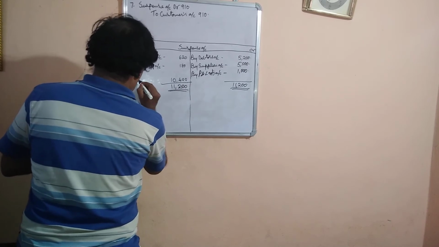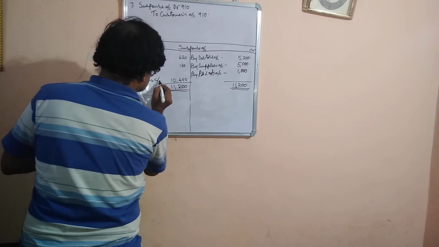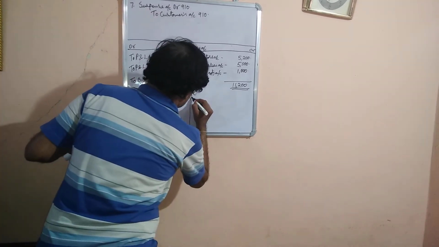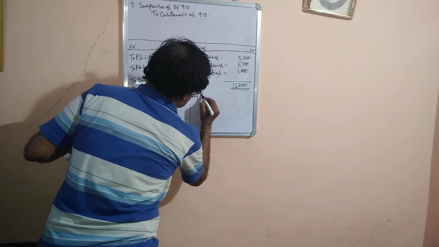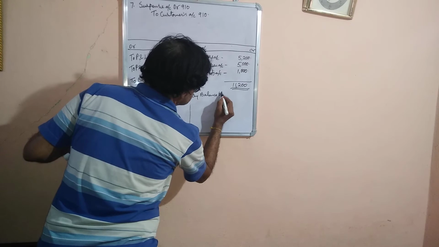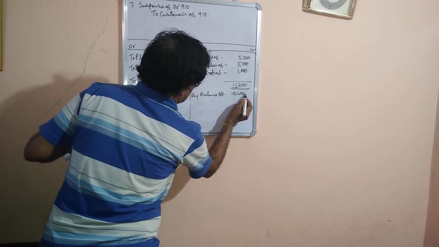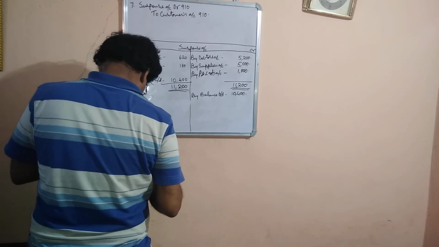$10,400 to balance carried down. Okay, this will become by balance brought down, so 10,400.